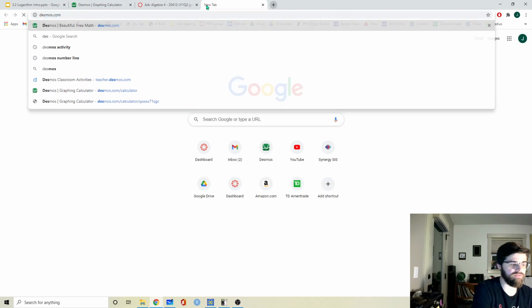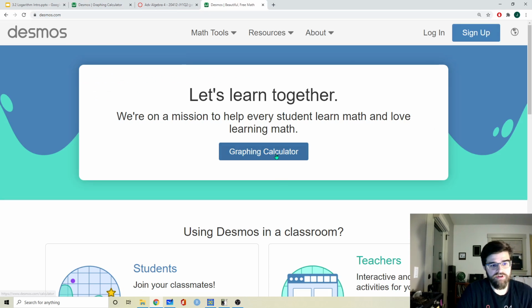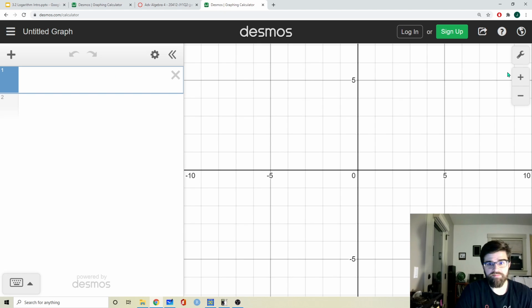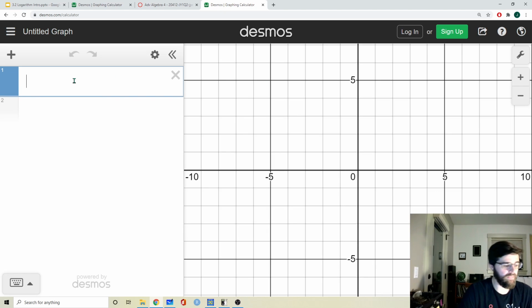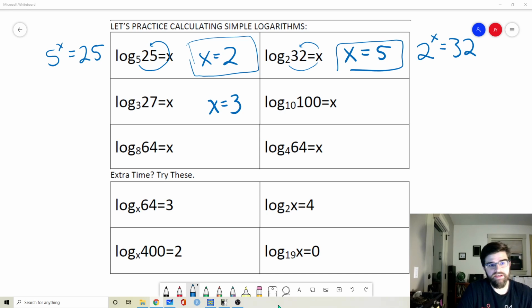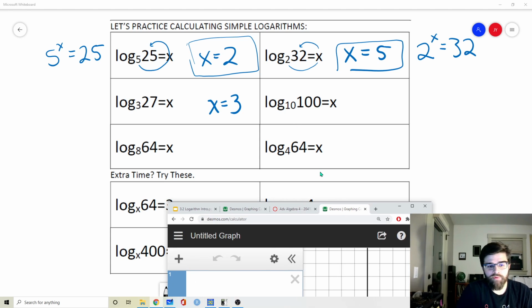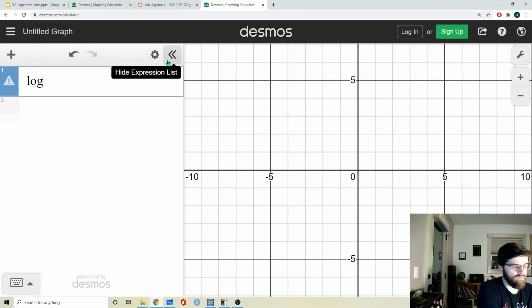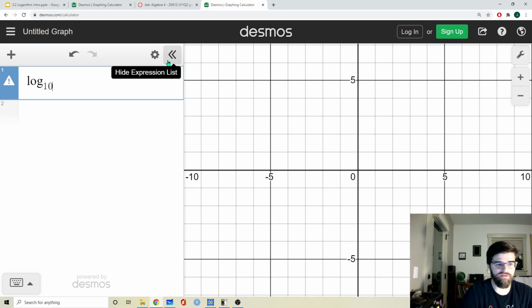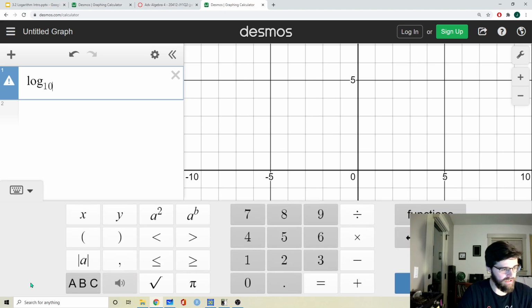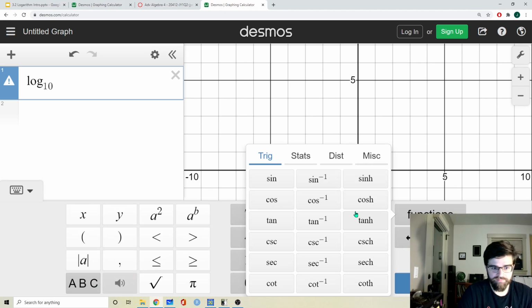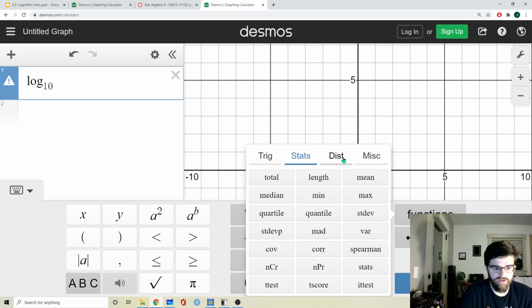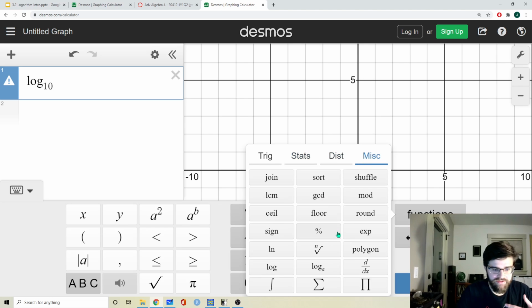Let me show you one more calculator here. Get a fresh Desmos for you. Desmos also does a really good job with logarithms, so this might be an option you want to use. What was this one? Again, I know what this answer is right away, but just for practice using the calculator, we can do log base 10. The way I got down there was using an underscore, but there is a keyboard option for it as well. Again, you might need to play around with this a little bit.